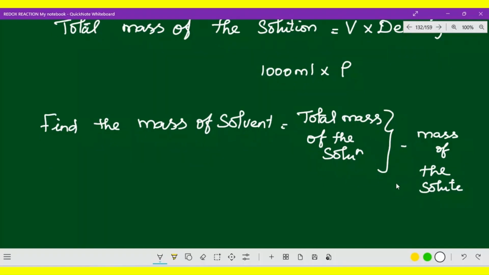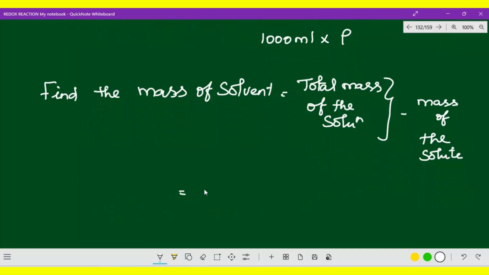Now I hope you got the clarity. Now, how to write the mass of the solvent? Here, 1000 rho minus capital M, M1. So M1 is the molar mass, capital M is the given mass. This is the way we can identify the mass of the solvent.